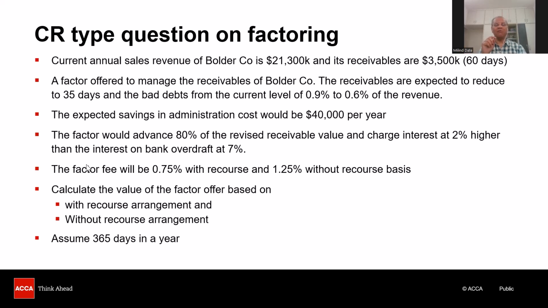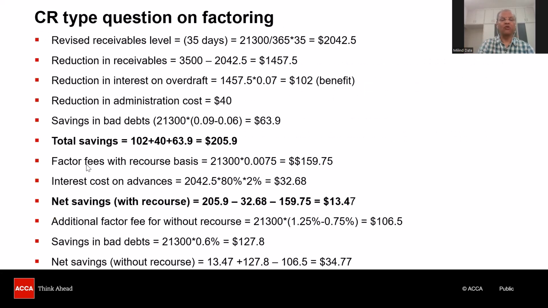So these are some of the important points which you will have to keep in mind when you try to solve sums like this. Of course, I'm not going to detail out the discussion and the calculation that we make, but how to identify different benefits, how to identify different costs, that's something which you must learn and practice a lot.